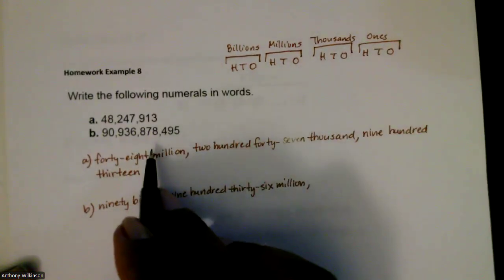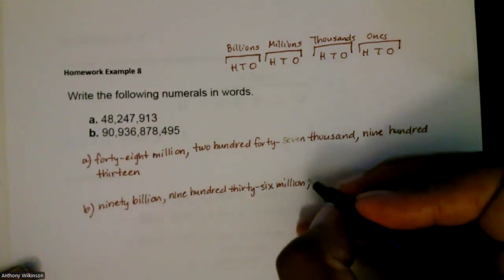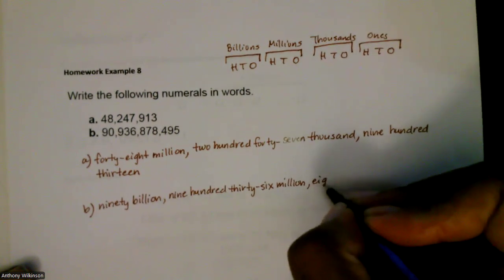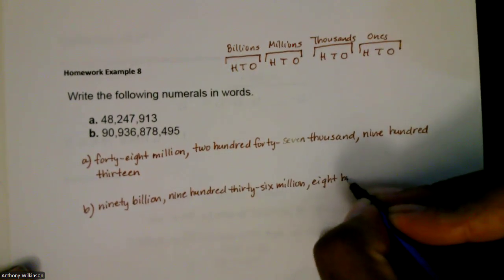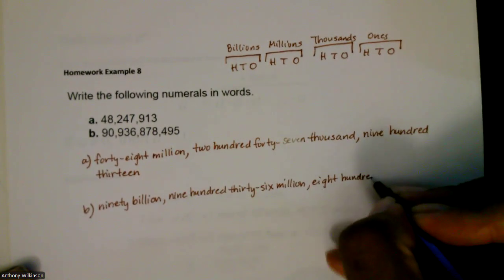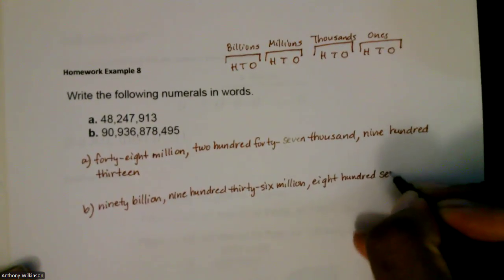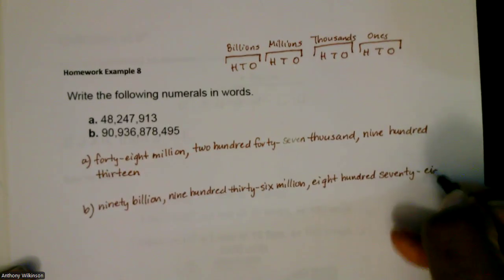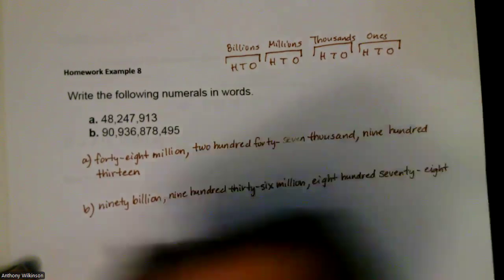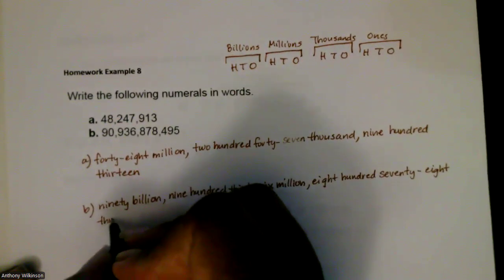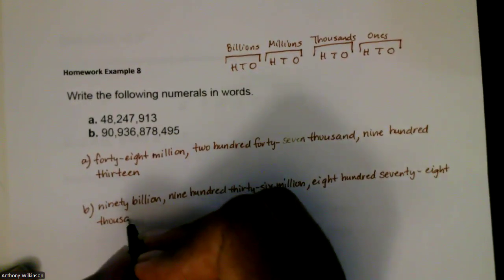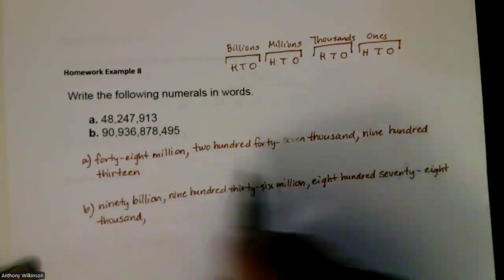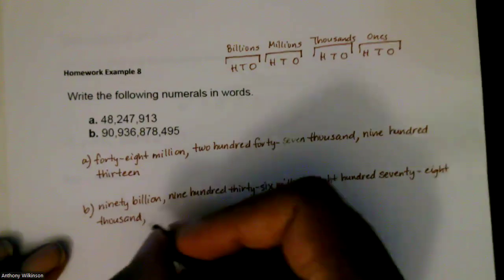And then the 878, that's in the thousands period. So we write that as 878,000. And then the 495, that's in the ones period.